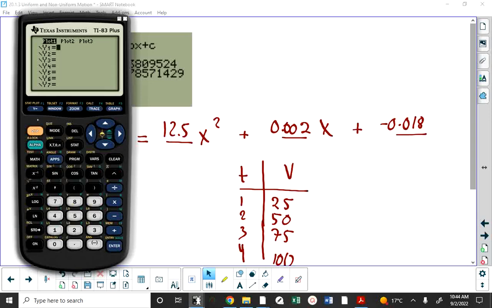Okay. So the first thing to note is you have to have just completed the regression. It has to basically be the last regression you did. You go to y, and you can either type this in, or you can go to vars, down to statistics, because that's where regressions happen, over to equation, because we're looking for a statistical equation, and choose regression equation.